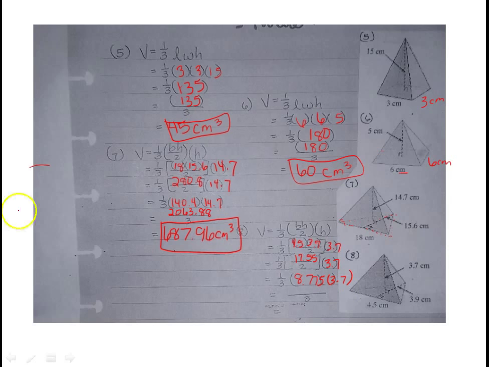And that's 32.4675, all divided by 3. And that should give you 10.8225 centimeters cubed.